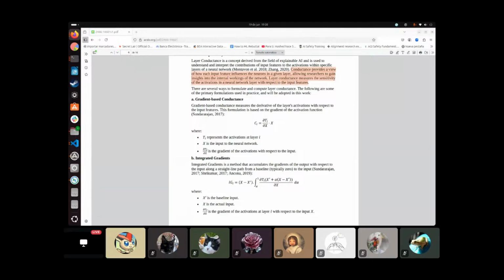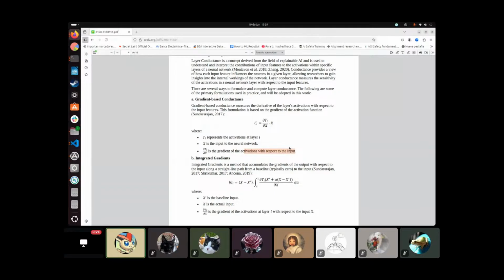Oh yeah. Yeah, I'm also confused by that. Someone is asking why conductance is multiplying by the input. I don't know why they have the gradient with respect to input and they multiply by the input.